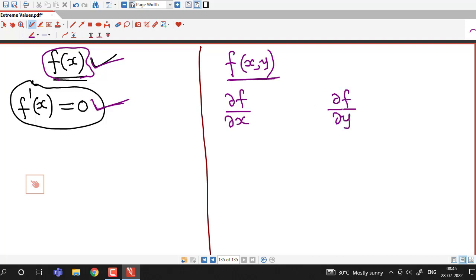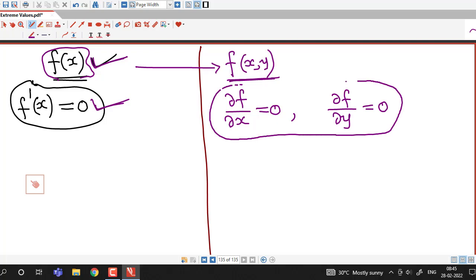So the points at which both the first order partial derivatives are 0 will be the candidates for local maximum and local minimum. So same result we are generalizing here. Here function is local maximum at those points at which f dash x equal to 0, and here function has local maximum or local minimum at those points at which both first order partial derivatives are 0.